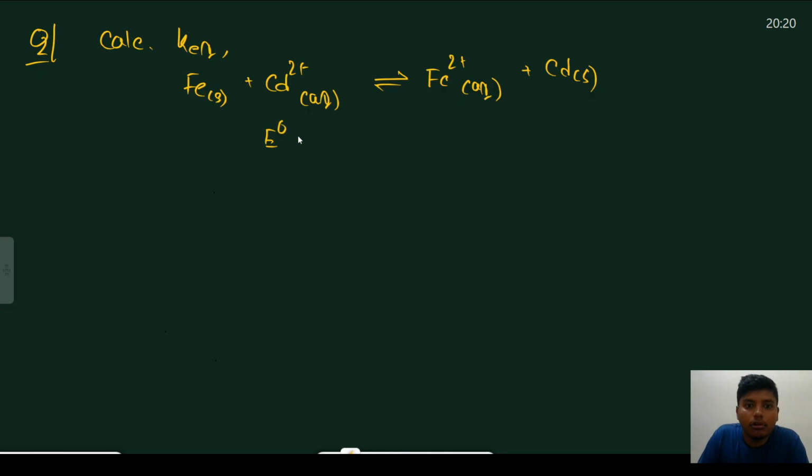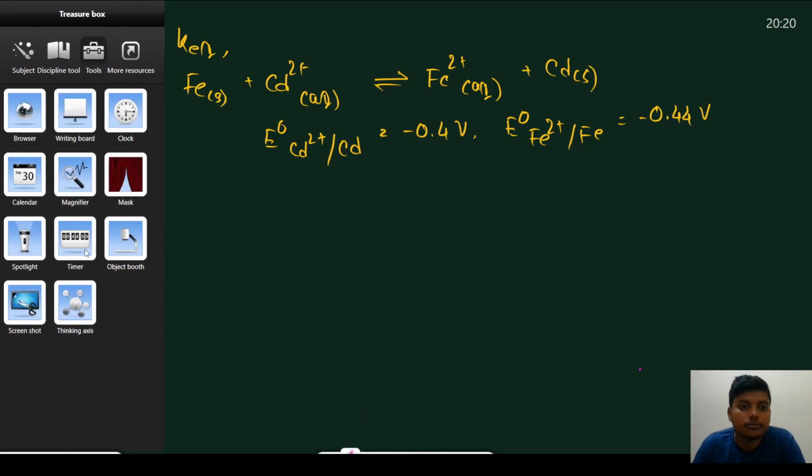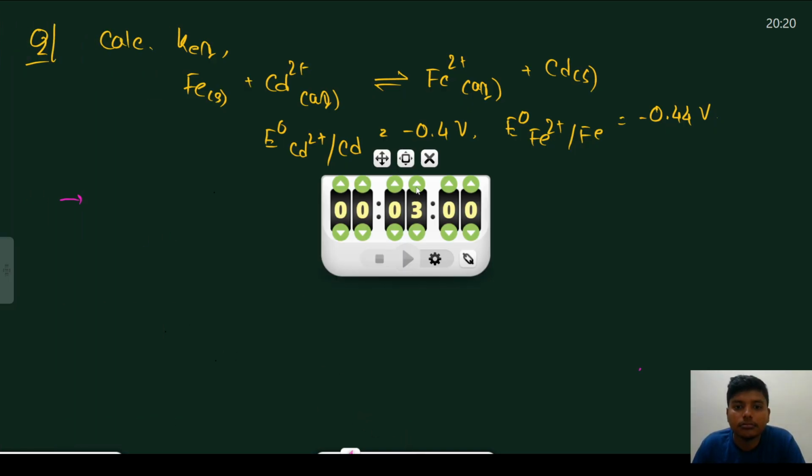E naught value of cadmium 2 plus to cadmium is given minus 0.4 volt, and E naught value of Fe2 plus to Fe is given minus 0.44 volt. Calculate K equilibrium. Very simple question. Go ahead. I'm giving you 5 minutes.